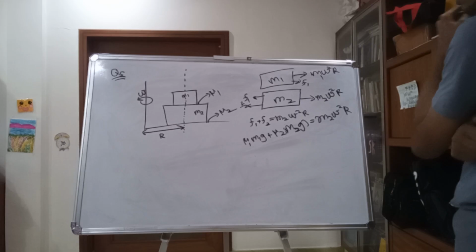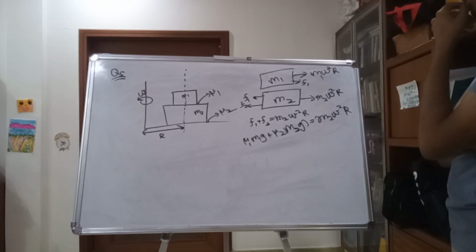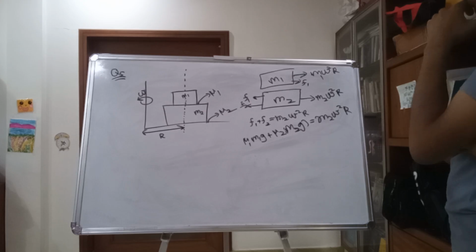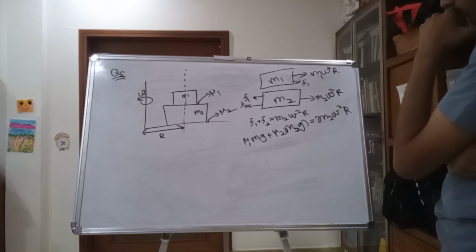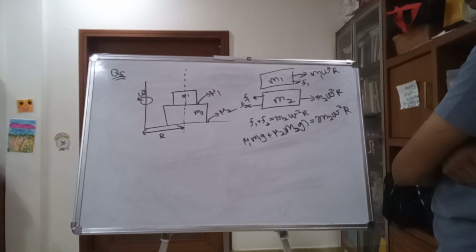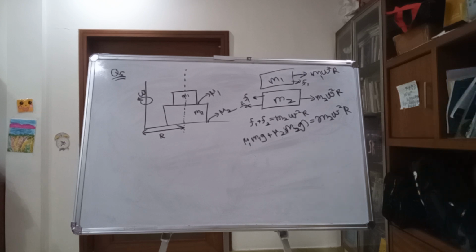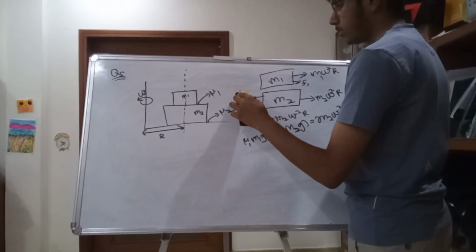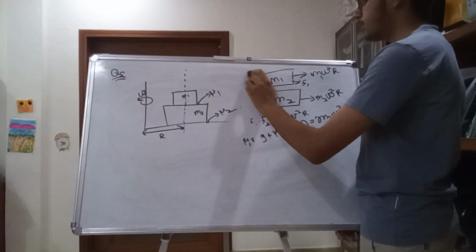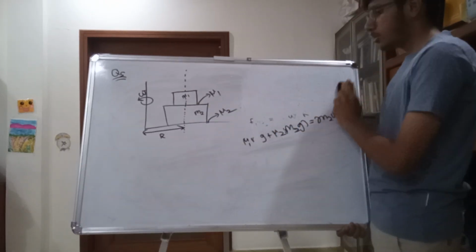M1 plus M2 omega square R. Okay, one minute, wait, let me cross check once. Okay, fine. The problem, what is wrong now? We assumed that this particle is going to slip, but they didn't tell us that it's going to slip. It's going to move together. So our assumption is wrong.